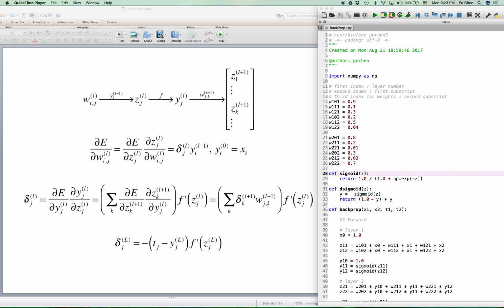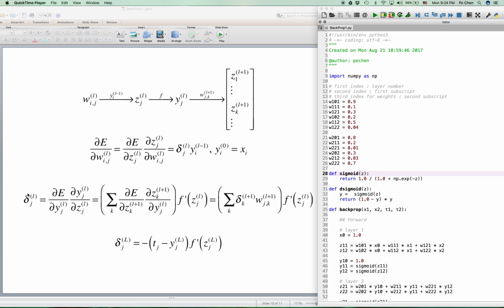And the calculation of the deltas must be carried out from the top layer down towards the bottom layer. So that's why it's called a back-propagation algorithm. It's in the opposite direction from the forward calculation, which goes from the bottom input layer towards the top output layer.